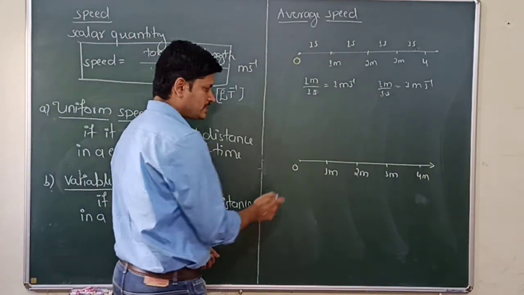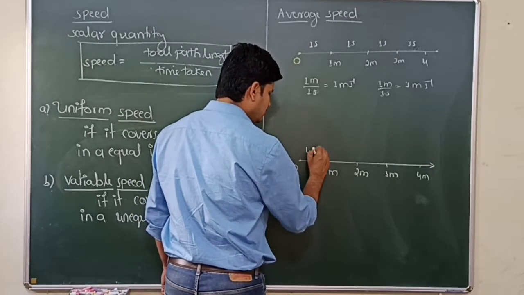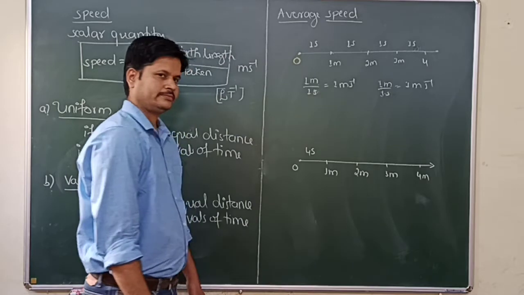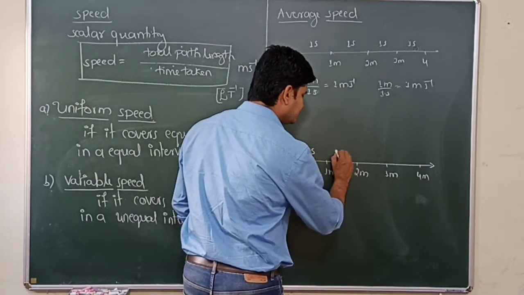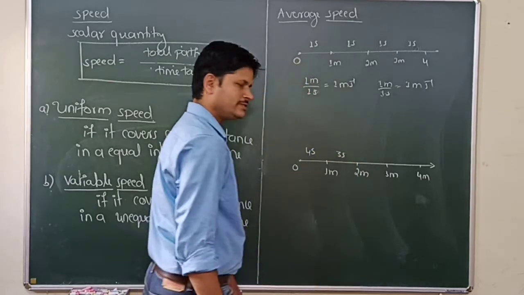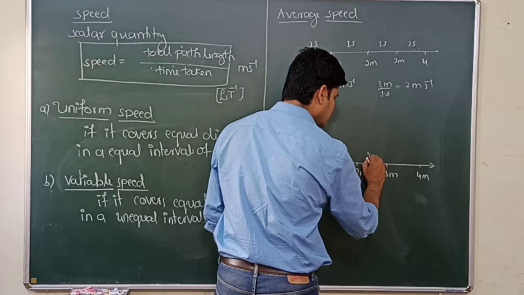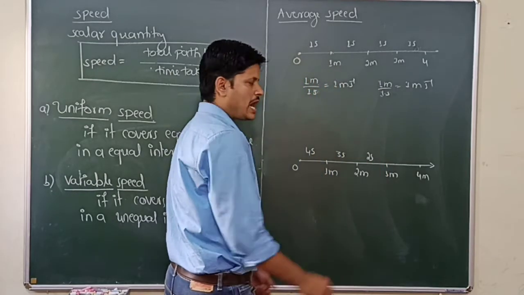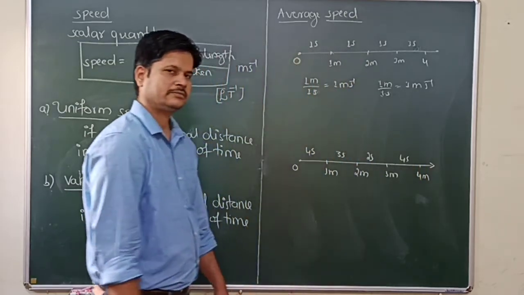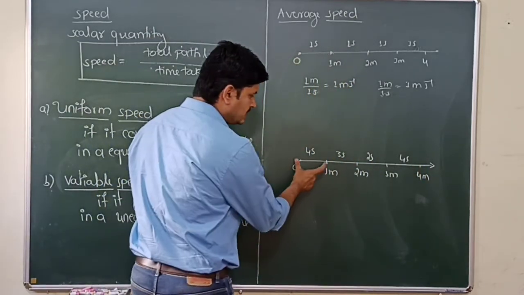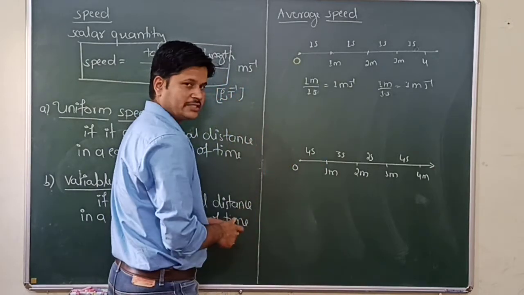Initially, if the object covers from 0 to 1 meter, it takes 4 seconds. For the second meter, it takes 3 seconds. For the third meter, it takes 2 seconds. And the fourth meter takes 4 seconds. Then, to cover the first meter, what is the speed of that object?